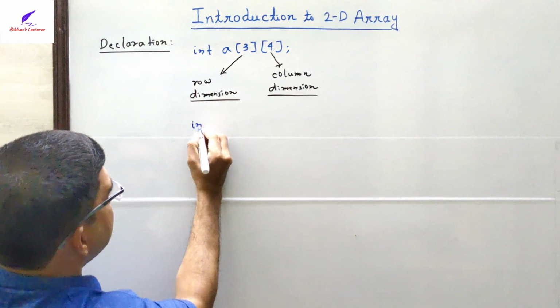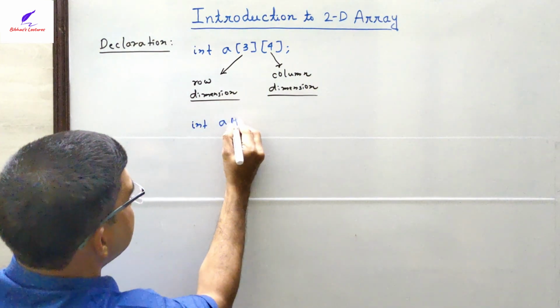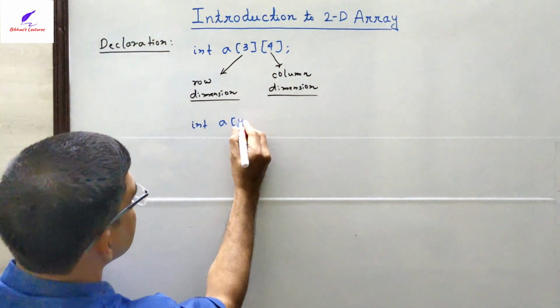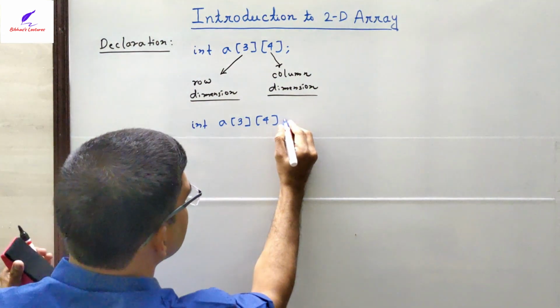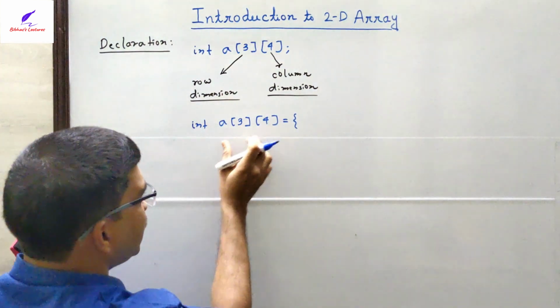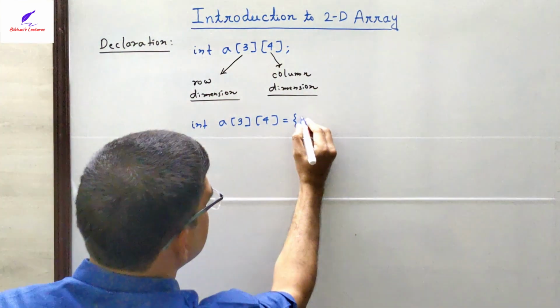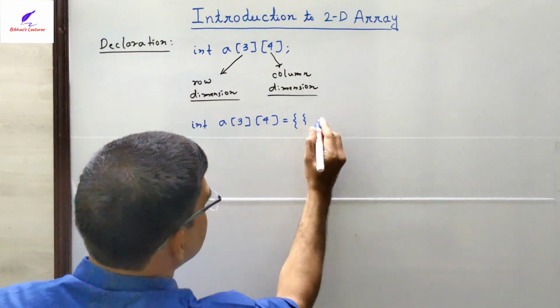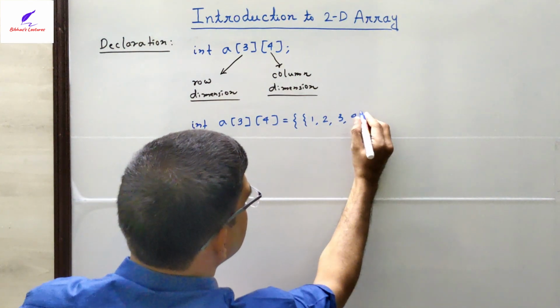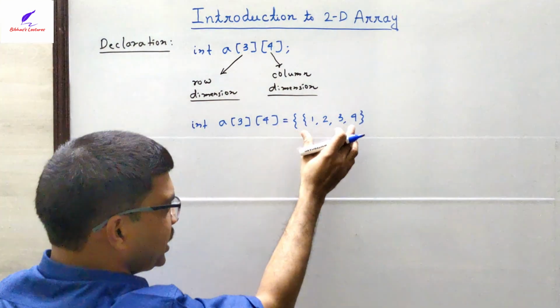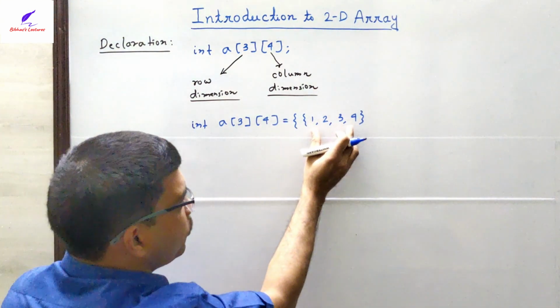For example, int a[3][4] equals to, now 12 elements we have to mention, so there will be 3 rows. 1 2 3 4, this is the first row. Each and every row will contain 4 elements, as 4 columns are there.